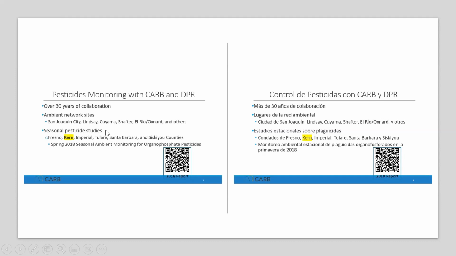Over the 2017-2018 timeframe, CARB ran 6 seasonal monitoring studies for pesticides in Fresno, Kern County, Imperial, Tulare, Santa Barbara, and Siskiyou County. I want to highlight Kern County because Arvin was one of these sites, monitored for organophosphates at the time. Here's a QR code; if you scan it with your phone, it'll bring you directly to the report.